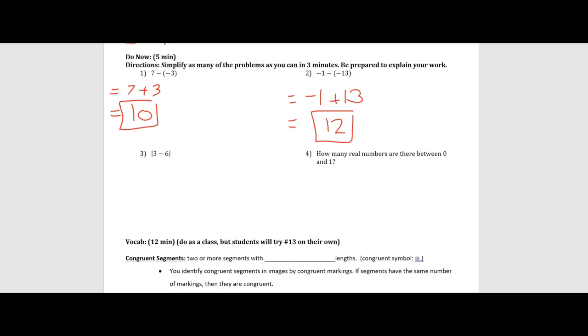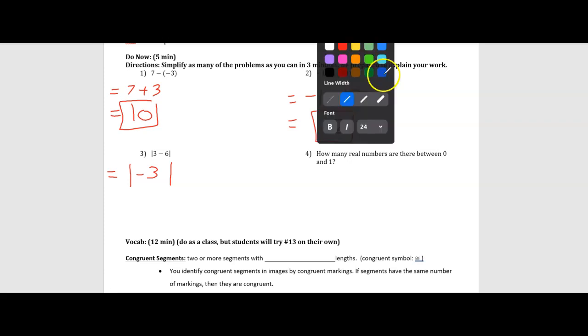Number 3 looks a little different. We have these absolute value signs. So when we have absolute value, the first thing we can do is simplify inside the absolute value. So 3 minus 6 is negative 3. Now, absolute value represents the distance from that number to 0 on the number line. So real quick refresher.